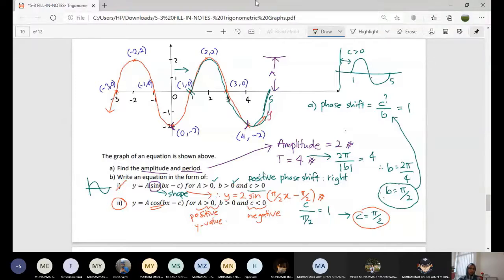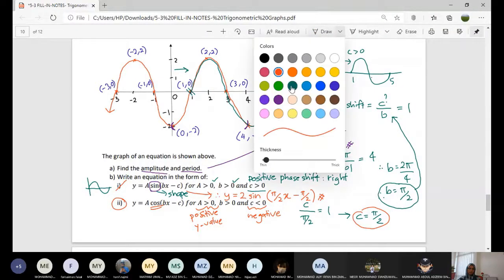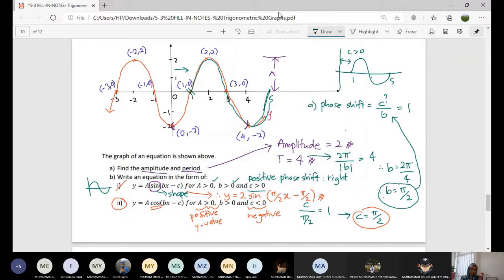So if you look at the graph, look back at the graph, we can take from, okay, you have to start from negative phase shift. If you take here, this will give you sine. If you take from here to here, sine, and A is negative, cannot.